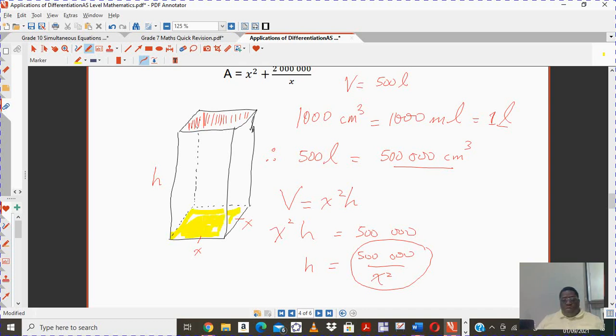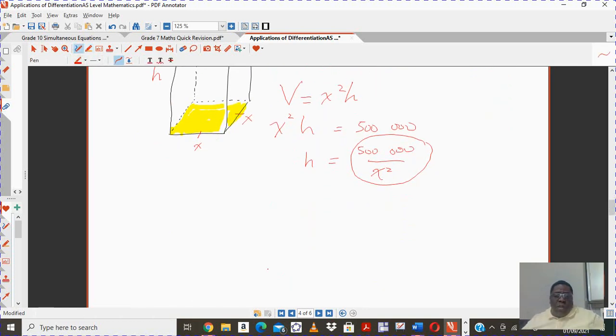But we're only going to consider one because on top it is open. So the base area is nothing but x times x.